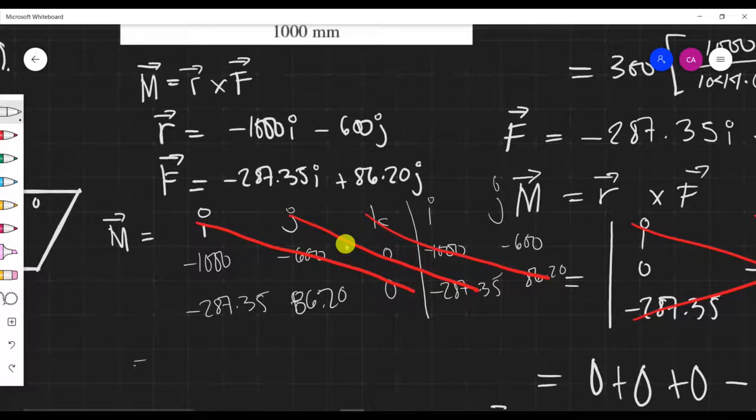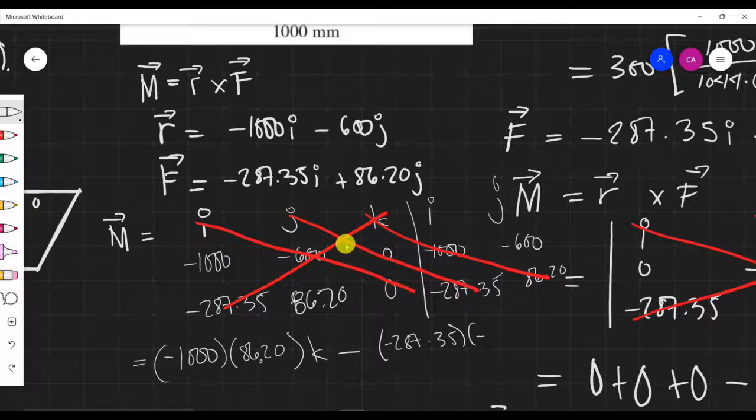Yung malabas na is negative 1,000 times 86.20 K. Okay. Then, next slash. So, minus negative 287.35 times K. Kung alam niyo na gagawin, pwede niyo na akong unahan mag-calculate.